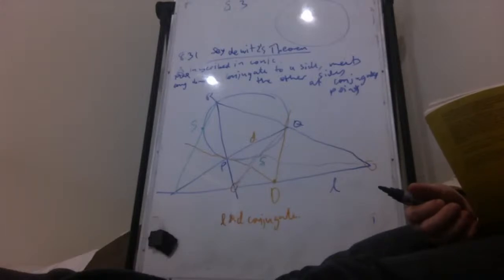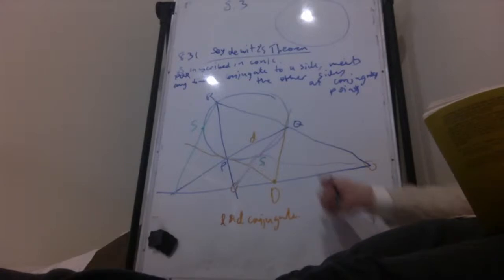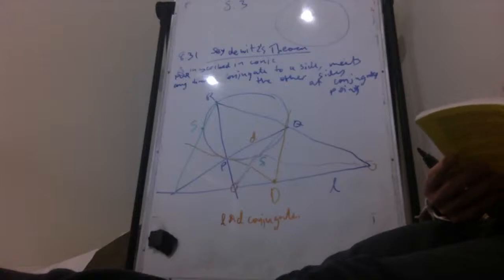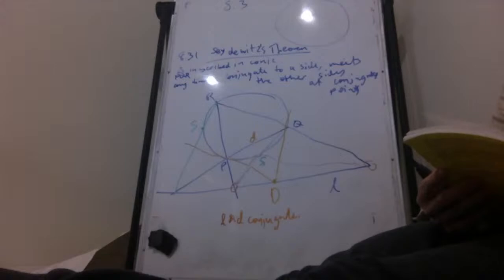Any line conjugate to PQ is the polar of some point C on PQ. Yeah, so capital L lies on PQ, sure. Then RC meets the conic again at S.